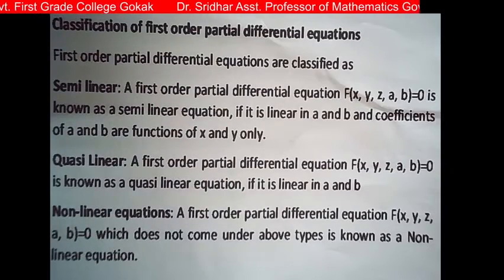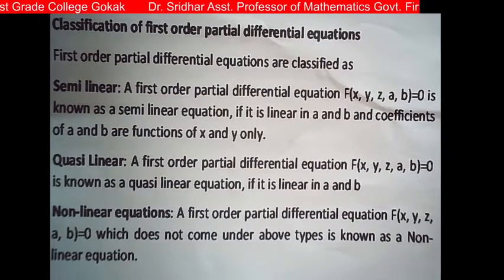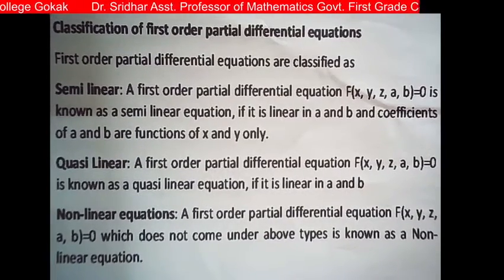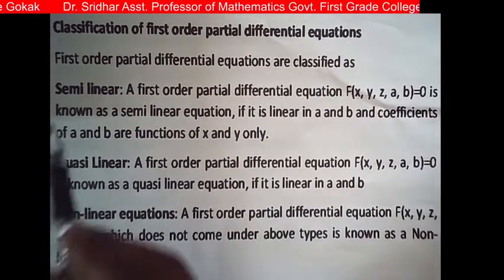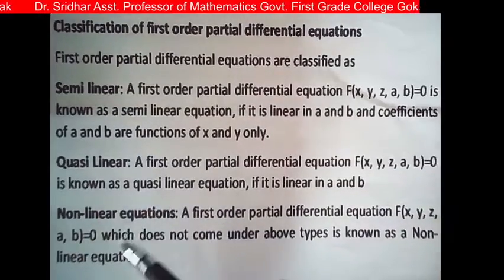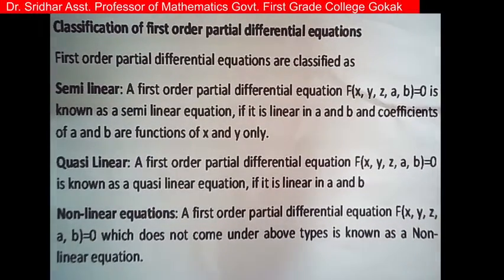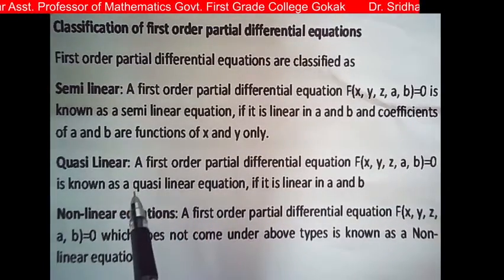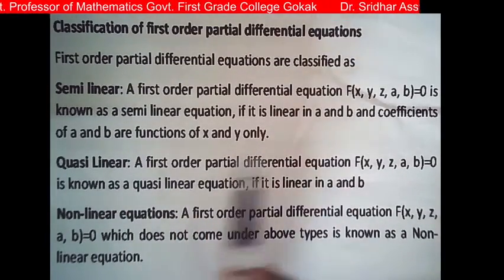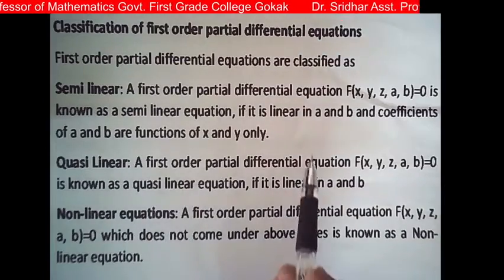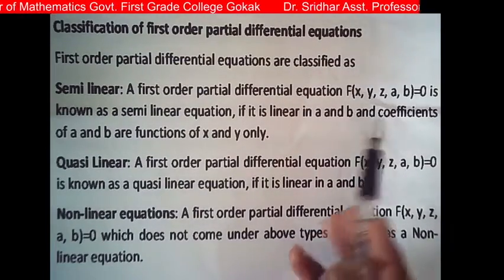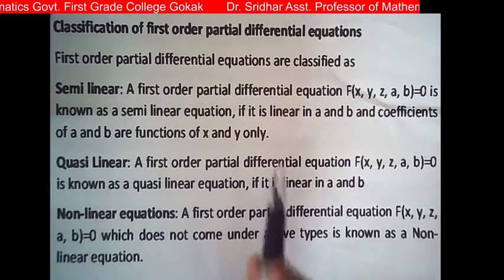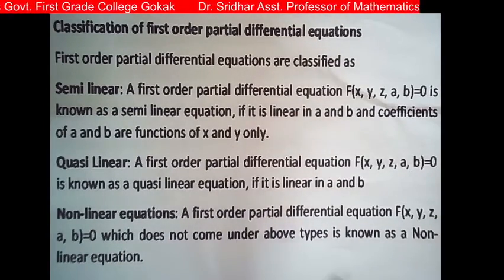Next we go to the classification of partial differential equations. Partial differential equations are classified into three types. One is the semi-linear partial differential equation. Semi-linear partial differential equation means it is a first order partial differential equation where it is linear in A and B, and the coefficients of A and B are functions of x and y only.